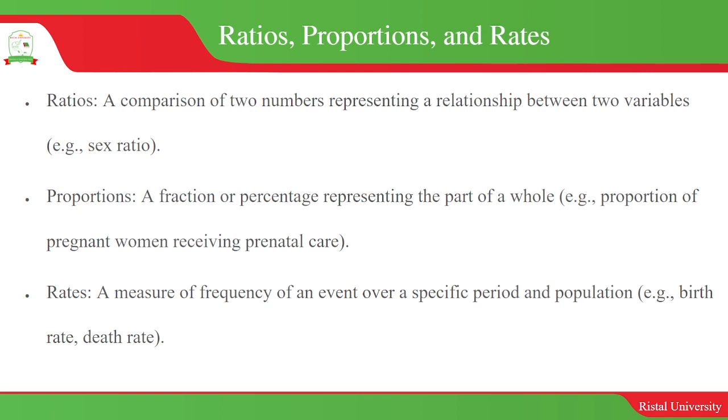You need to draw the connection between epidemiology and biostatistics. So the basics of counting, the basics of quantifying in epidemiology are to do with ratios, proportions, and rates. So we're going to look at what these really mean.